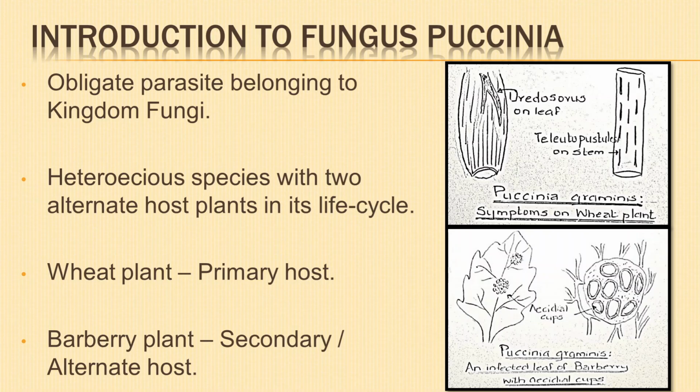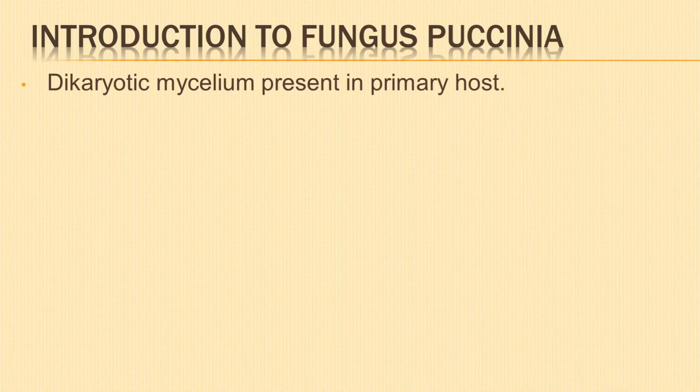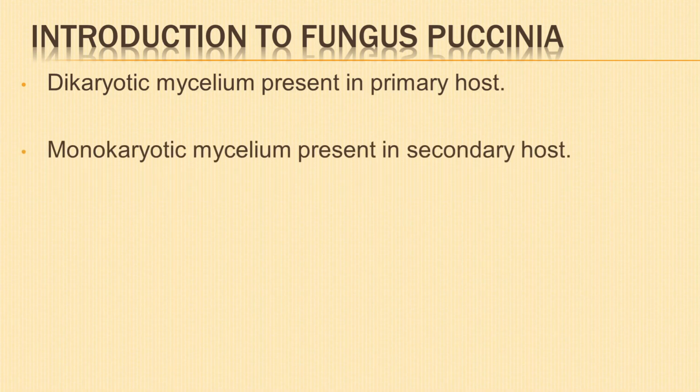alternate host. The mycelium present in the primary host plant is dikaryotic, that is, it bears two nuclei in each cell. The mycelium present in the secondary host plant is monokaryotic, that is, it bears only one nucleus in each cell.